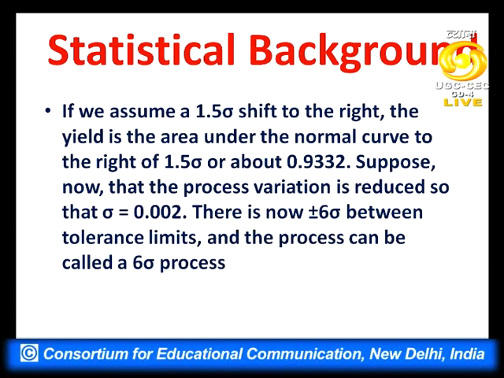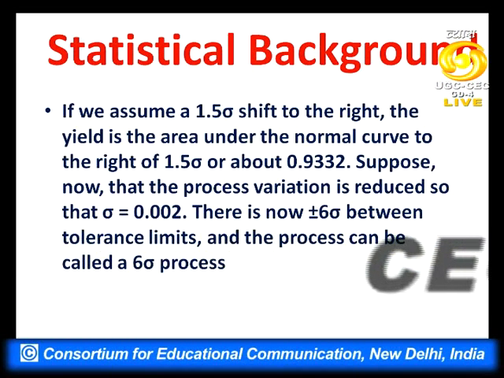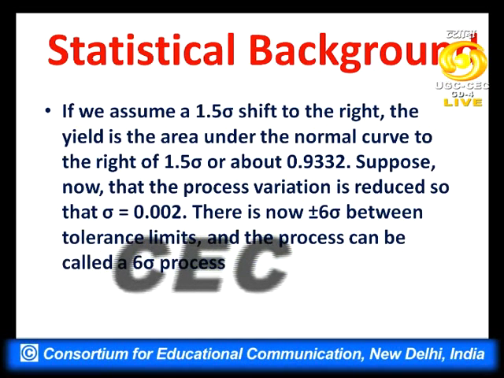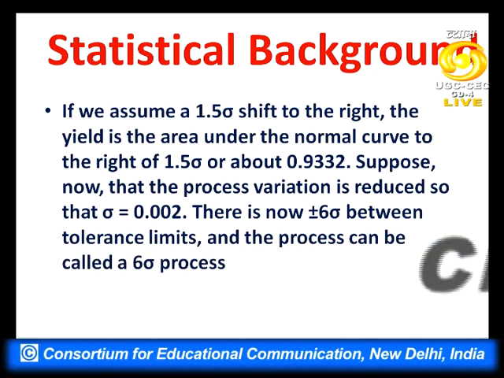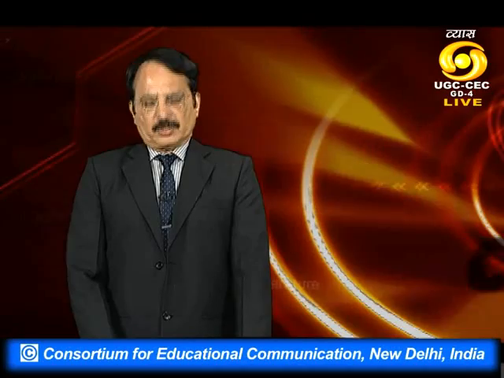If we assume a 1.5 sigma shift to the right, the yield is the area under the normal curve to the right of 1.5 sigma, about 0.9332. Suppose now that the process variation is reduced and it is 0.002, there is now plus minus 6 sigma between tolerance limits, and the process can be called a 6 sigma process.